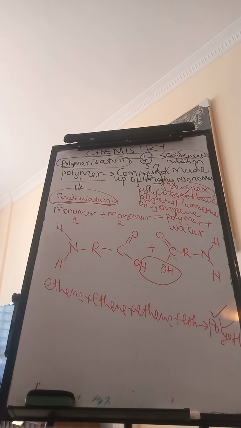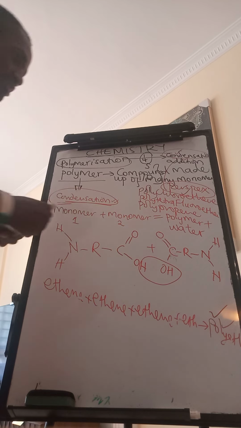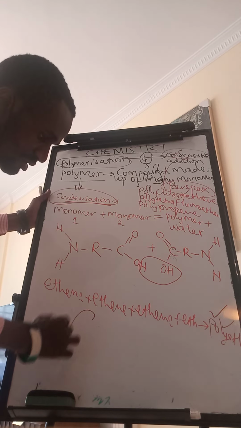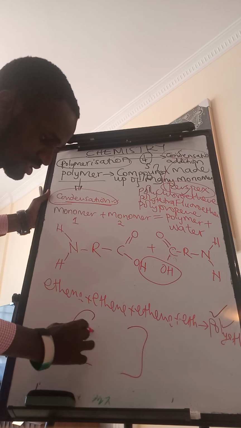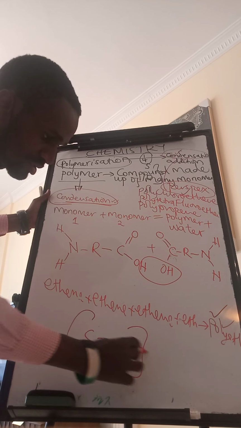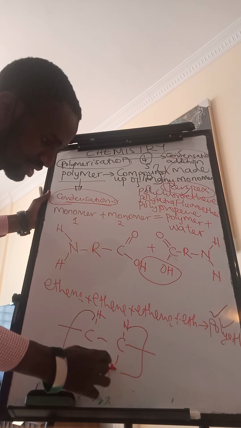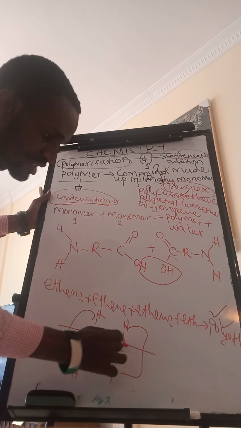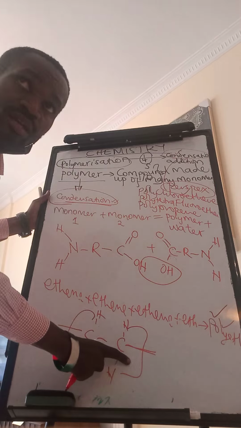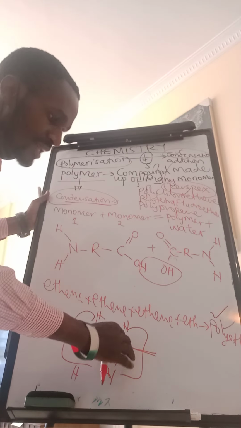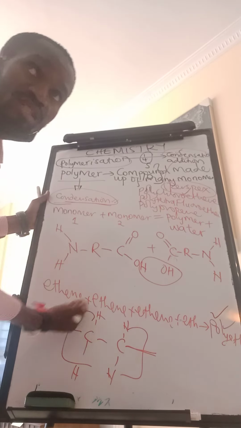Although the structure that you come up with will not actually have a double bond, because you are going to open brackets, write C, and do this. That just tells you that this is only one unit, but it attaches itself to other monomers.